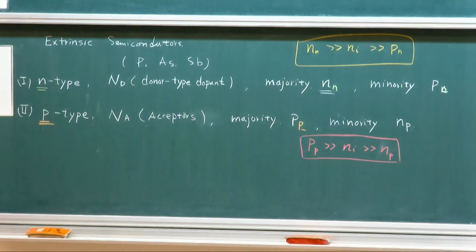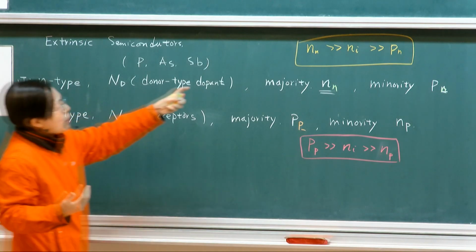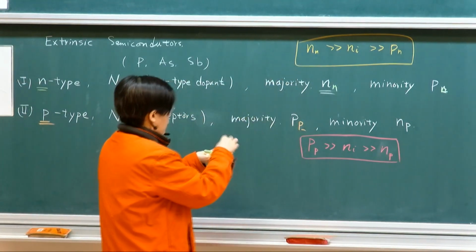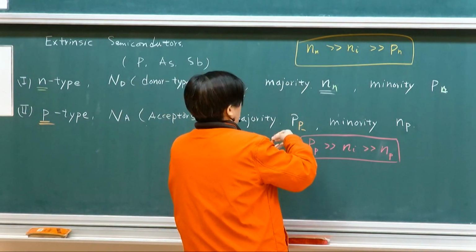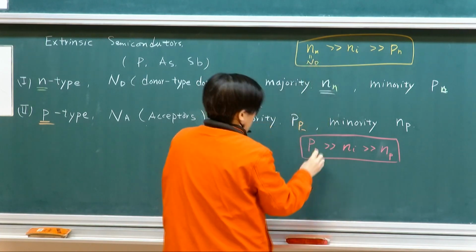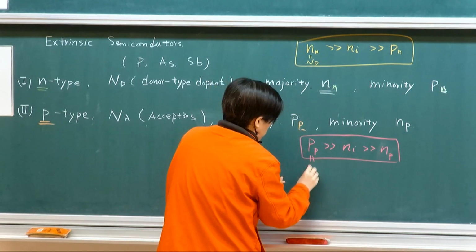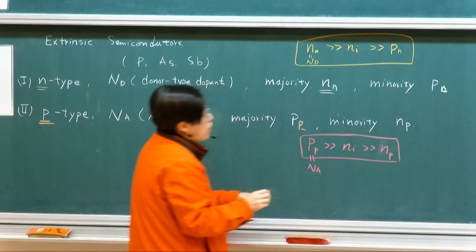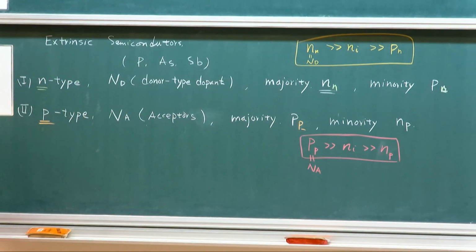Okay? So the reason why you would have much, much higher majority carrier concentrations is because I deliberately put in heavy doping. This is mostly N_D, and it is by my engineering, because I put in a lot of dopants, which is much higher than intrinsic density.